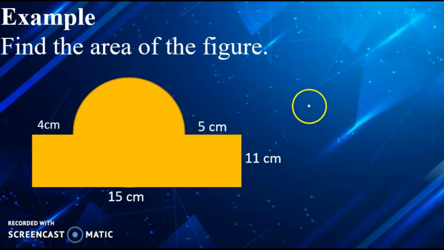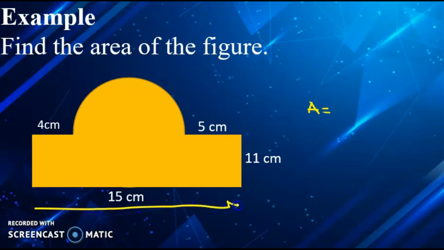So, first, so area ng rectangle muna. So, ano yung length natin? Ito yung length. So, ang length natin is 15 centimeter. Okay, times width. Ang width natin is 11. Okay, times 11.